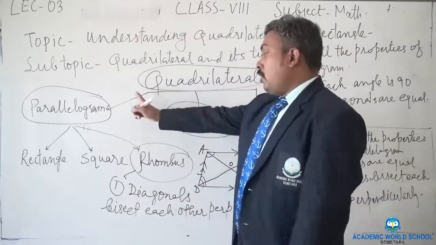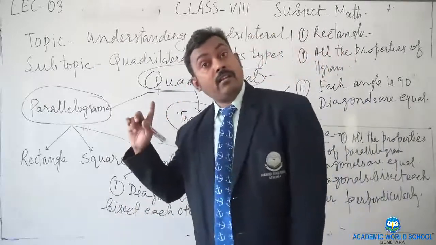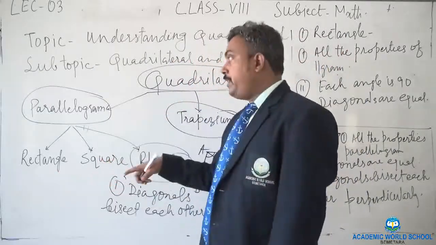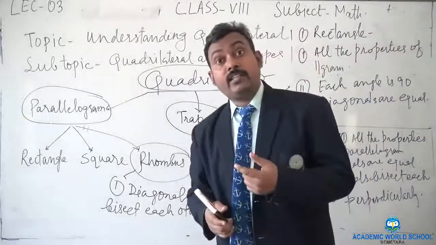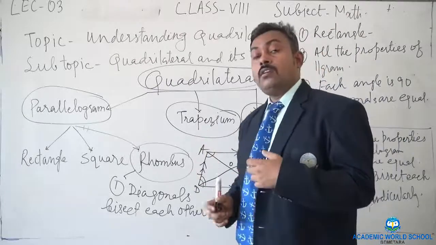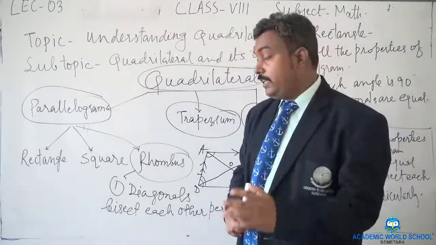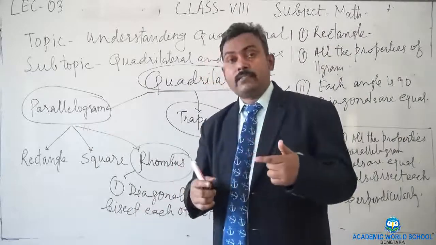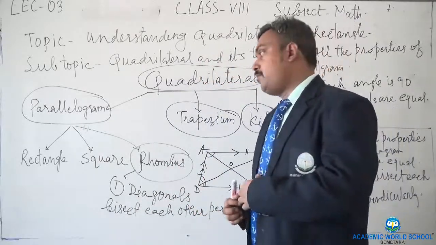We define the rectangle as a parallelogram whose opposite sides are equal and one angle is 90 degrees. We define the square as a parallelogram whose all sides are equal and each angle is 90 degrees. We define the rhombus as a parallelogram whose all sides are equal.